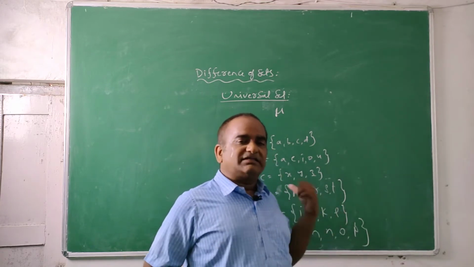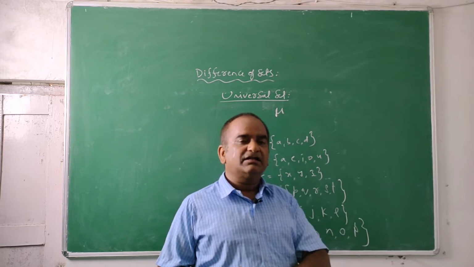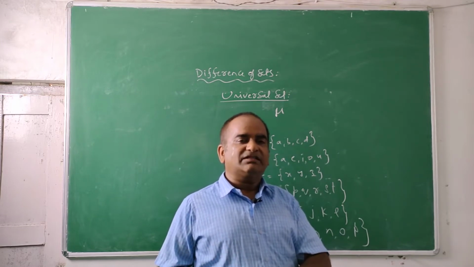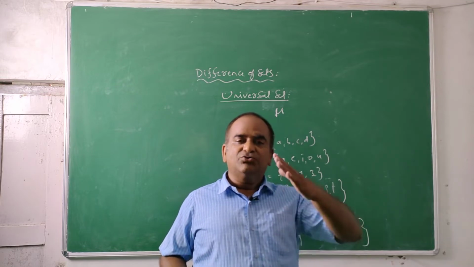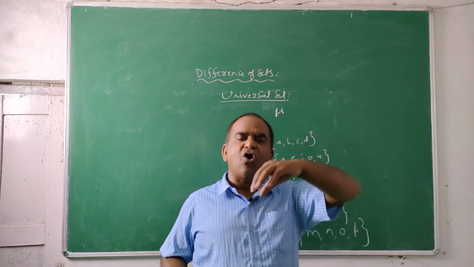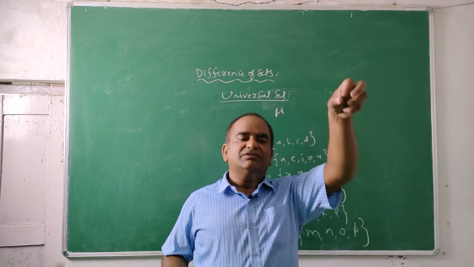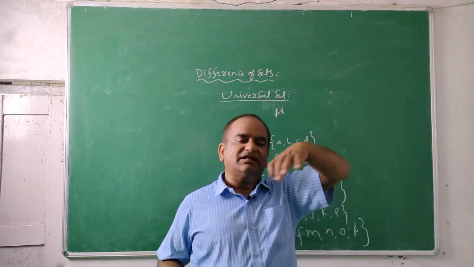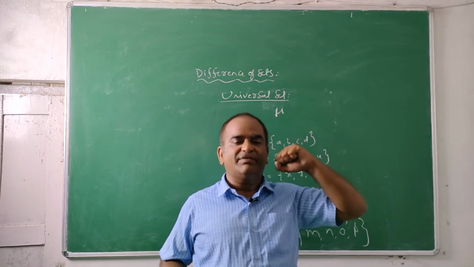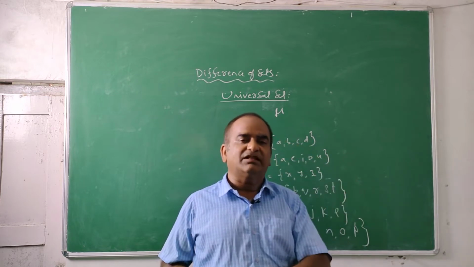So as far as this problem is concerned, what will be the universal set? It is the set of all English alphabets, because universal set contains all the sets which are under discussion. Means all the sets which are under discussion will be the subsets of the universal set.